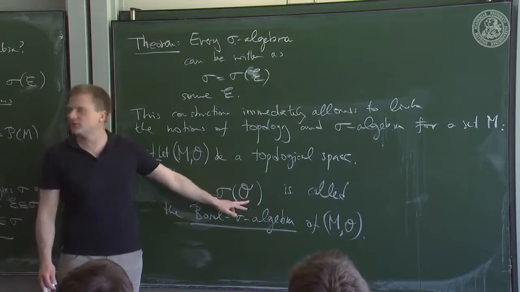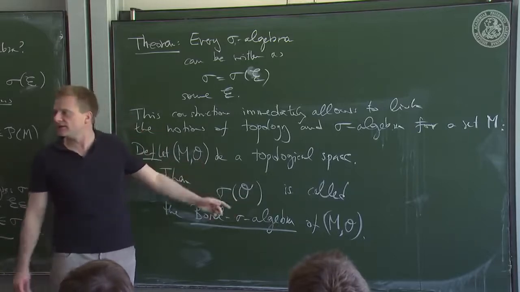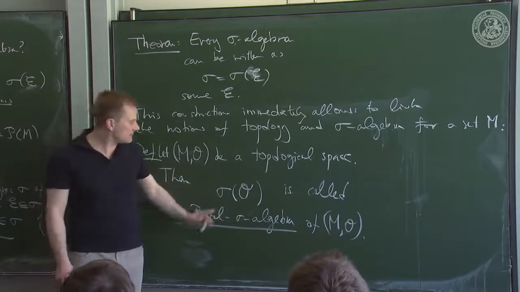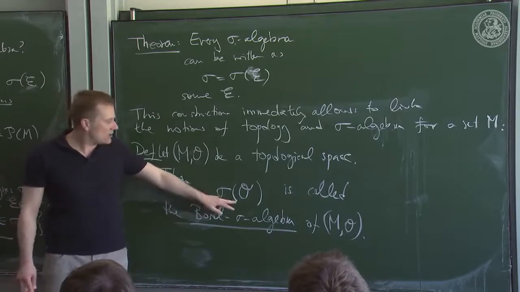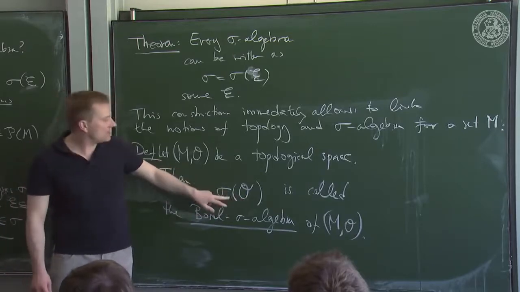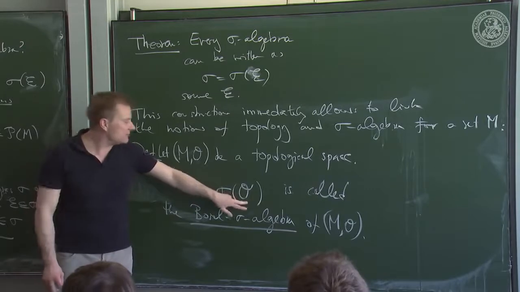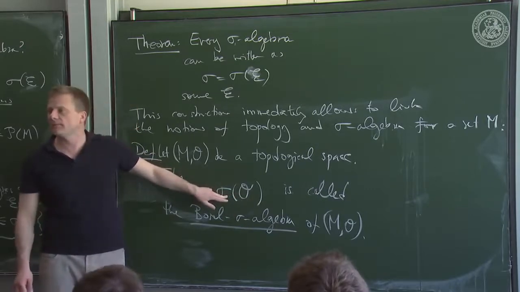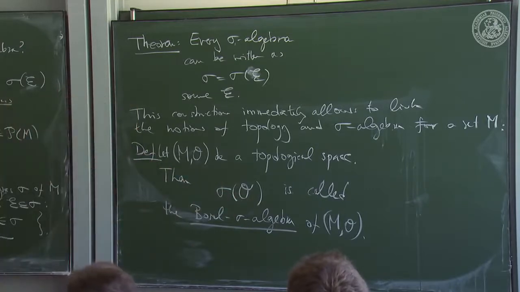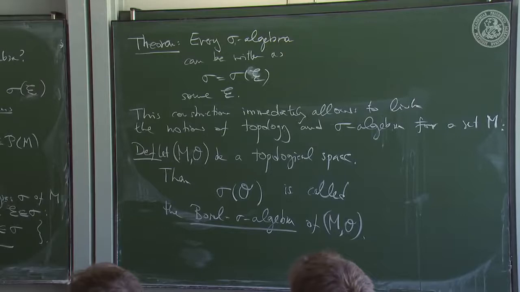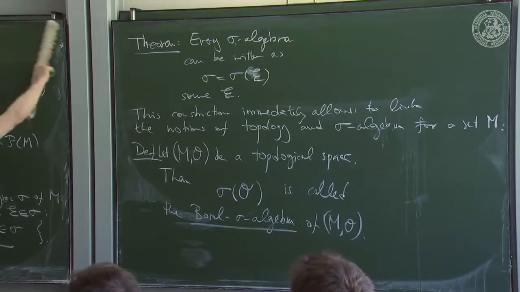Unless you have the discrete topology, and then you get the all-subsets sigma algebra and so on. No, it is not sigma equals O. It's that O is a generating system for sigma. And I'll make an example to point out that there are many non-open sets that lie in the Borel sigma algebra of a topological space.